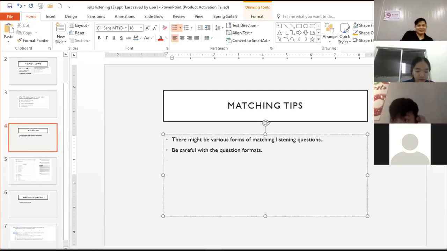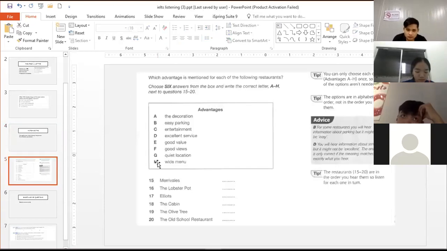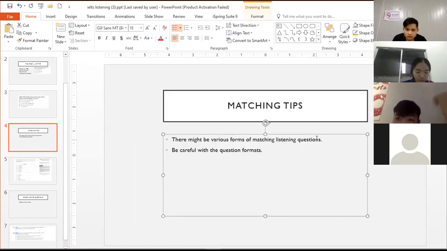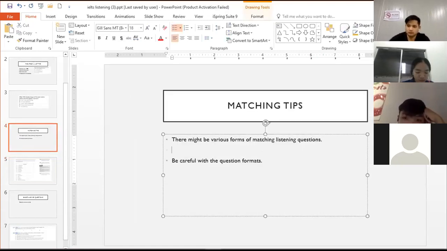Be careful. Like we said earlier, we have 3 options, but 5 questions. And then the form that we will do, we will have more options than the questions. So first time, what's the word? Fewer.